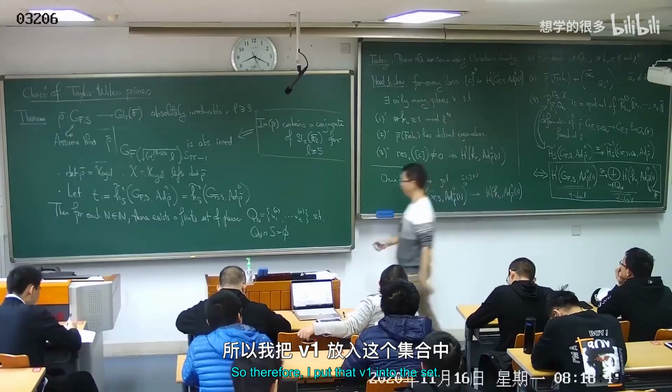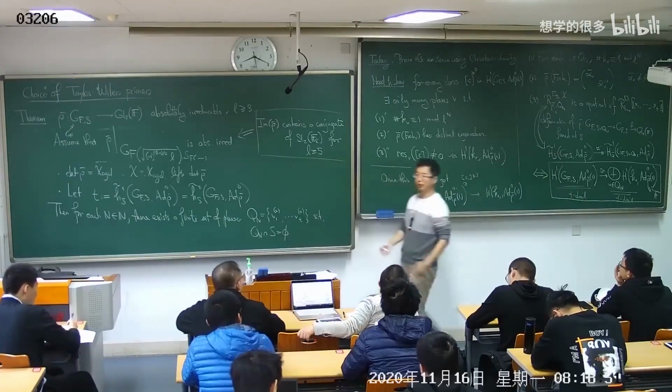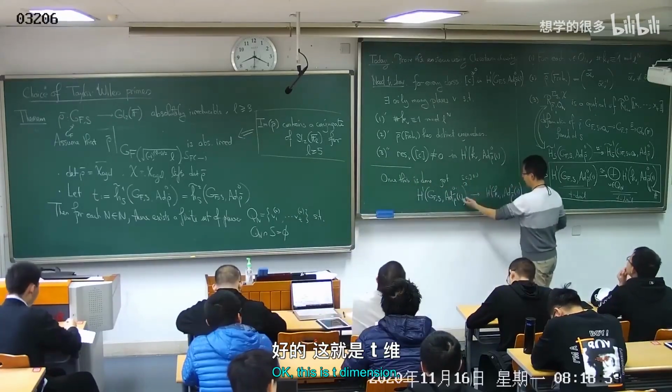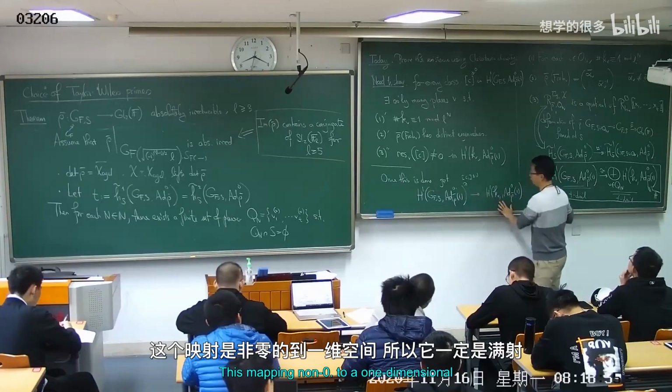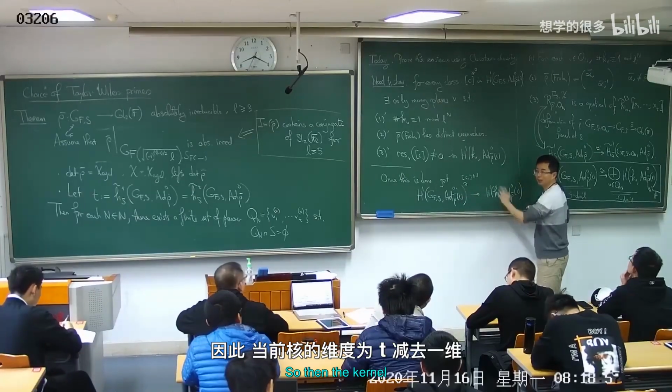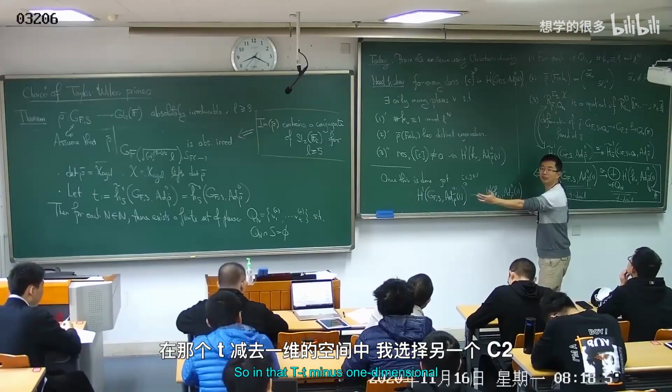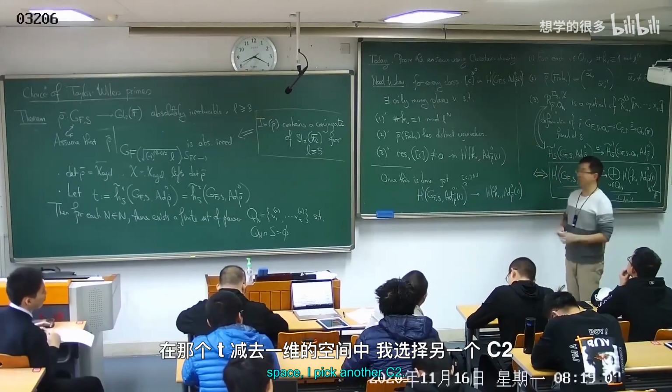Good. So I put that V1 into the set. Now this is t-dimensional, mapping non-zero to a one-dimensional space, so it must be surjective. Then the kernel is t minus one dimensional. In that t minus one dimensional space, I pick another C2.